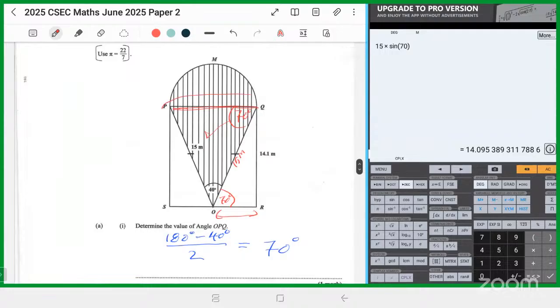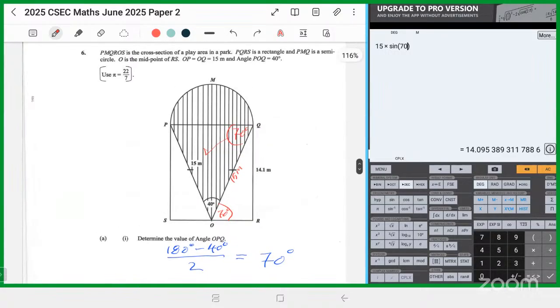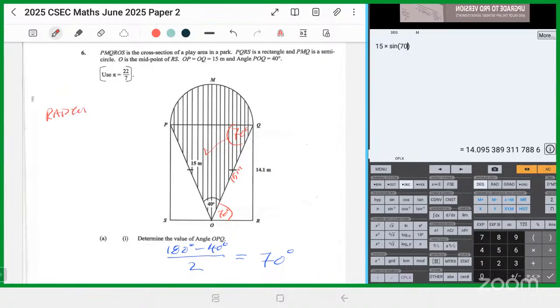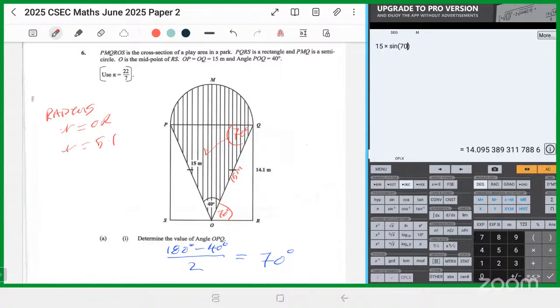Half of this length is the radius, so it means that the OR is the radius. So we can write it up here. The radius R is equal to the OR that we just put down there, which is 5.13 meters. That's the radius of that semicircle.